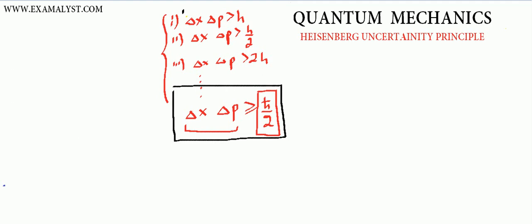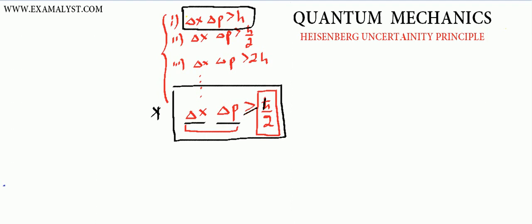This was the result that we found in the diffraction experiment. So the diffraction experiment follows this result of the uncertainty principle, but the most concrete uncertainty principle is this: the product of uncertainty in position and uncertainty in momentum is always greater than or equal to h cross by 2.